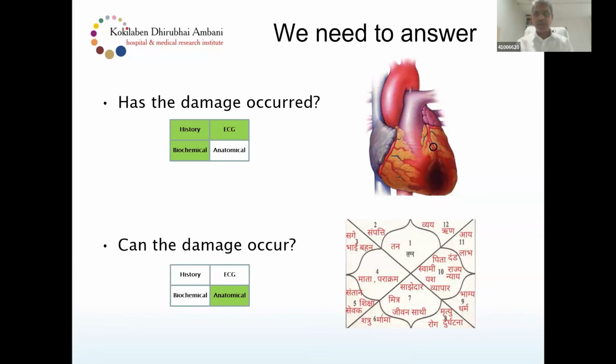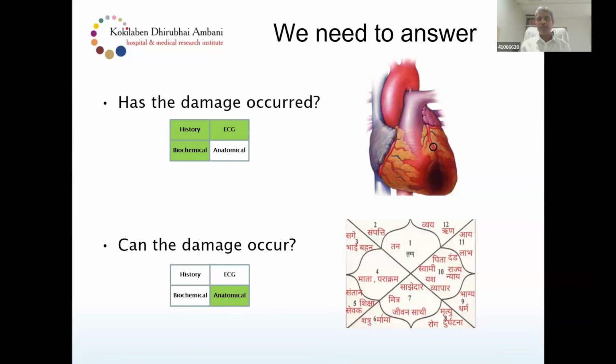So we come back to the same question: what do we need to answer to the patient who comes with chest pain? Everybody knows that we are always trying to look by the history, by ECG, by troponins, whether the damage has occurred. But one more question which we have to answer is, can the damage occur?